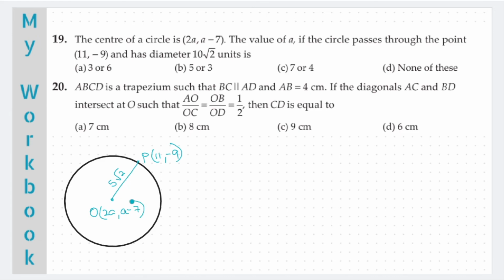So if we apply distance formula, we can form an equation in terms of a and then solve for a. By applying distance formula, OP square will be equal to x1 minus x2 the whole square, that is 2a minus 11 the whole square, plus y1 minus y2 the whole square. a minus 7 minus of minus 9 will give you a plus 2 the whole square.